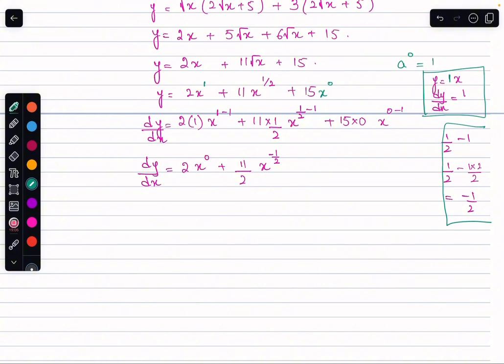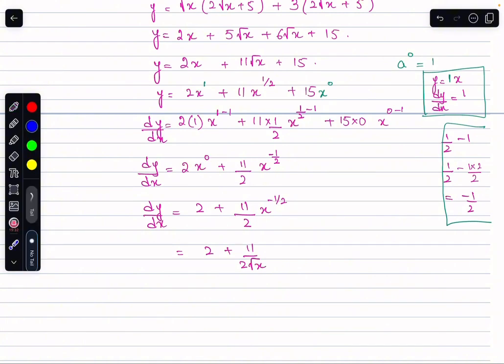So here I should say it's 11 by 2 x to the power negative 1 by 2. The constant was getting eliminated. Therefore, my dy by dx is simply going to be 2 plus 11 by 2 x to the power negative 1 by 2, or if you want to write it the other way, you can say it's 2 plus 11 by 2 root of x.